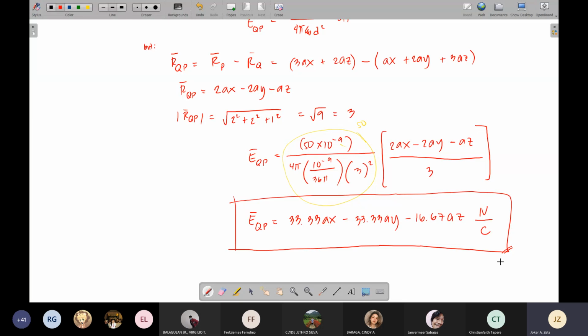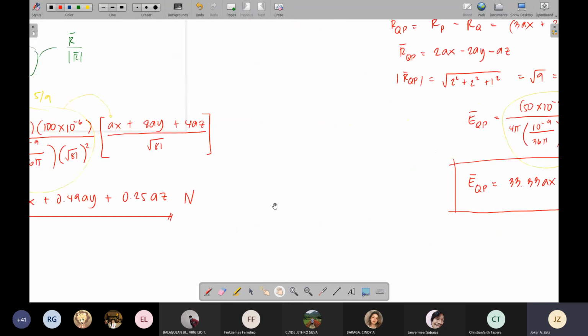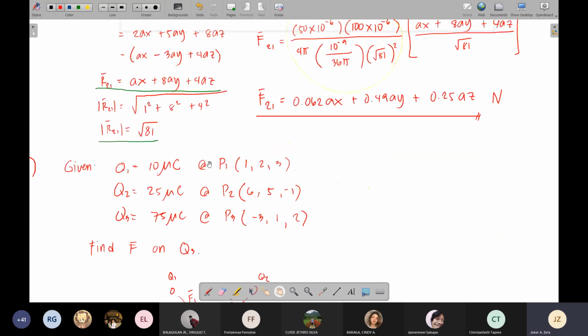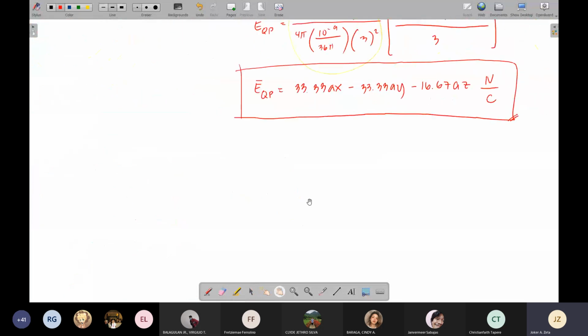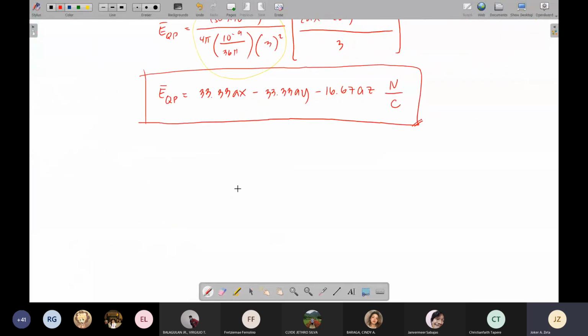So as you can see, same ra gyud gihapon nga process. Now, since same ra man gyud gihapon nga process, sir, pwede ba sad nga parehas pud sa Coulombs law nga naay multiple charges? Yes, pwede gihapon, no? For example, naa akong charge Q1, naa sad akong charge Q2. Let's say naa ni ang point.